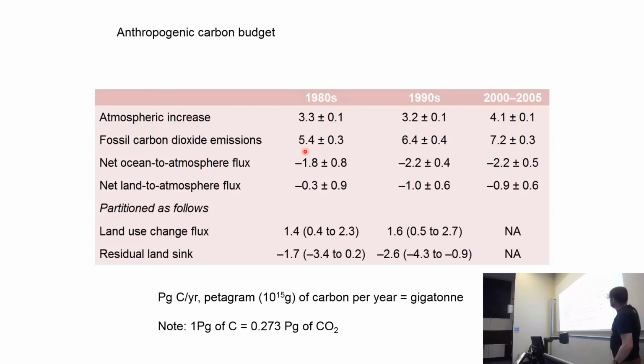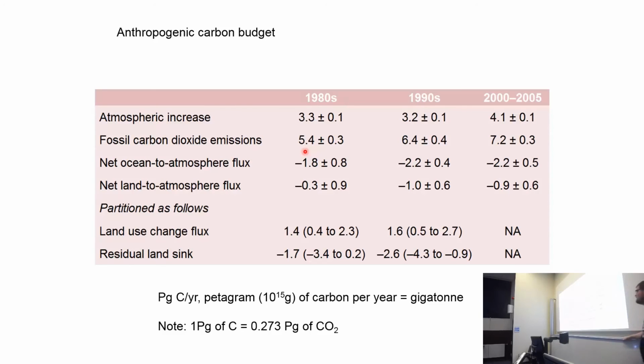Okay, so some of it's gone into the oceans, and that only leaves one other place for it to go, which we think is into the land biosphere, so into things like forests. We really don't know that flux very well at all.